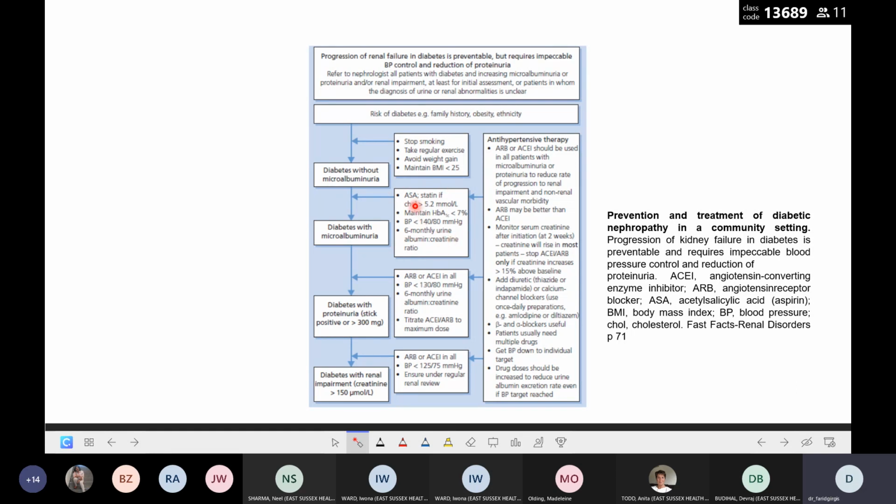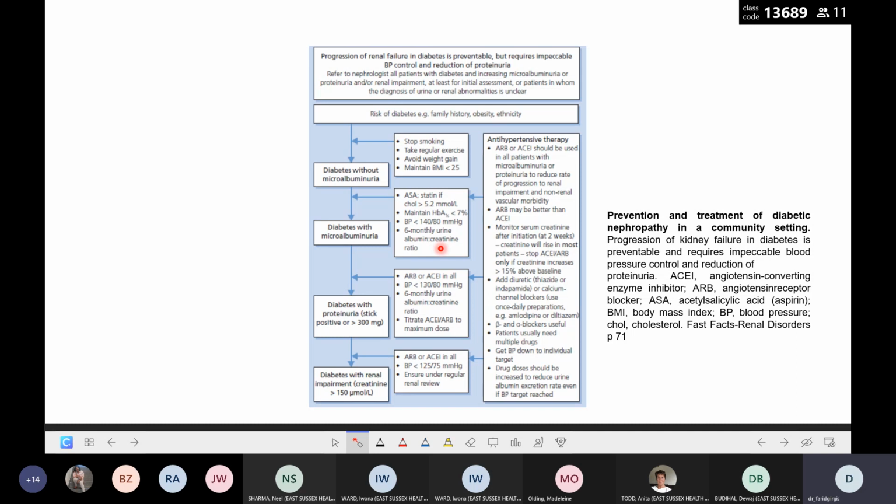So prescribe aspirin, statin if cholesterol is more than 5.2, maintain hemoglobin A1C less than 7%, which is 52 millimole per mole, keep blood pressure less than 140 over 80, and check the urine albumin creatinine ratio every 6 months. Okay, so still at the initial stage, we are controlling diabetes, controlling hyperlipidemia, keeping blood pressure under 140 over 80, and still observing the patient.